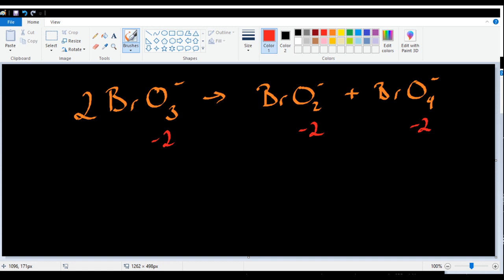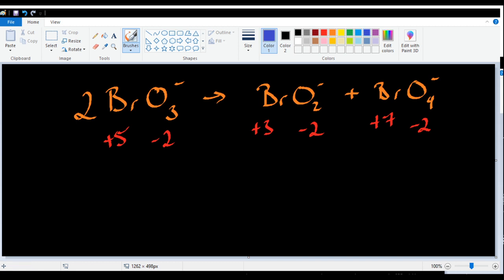It's going from +5 here in bromate to +3 in bromite and +7 in perbromate. Oops, that's a +5, not a -5, sorry. Which means that bromine is both oxidized and reduced.